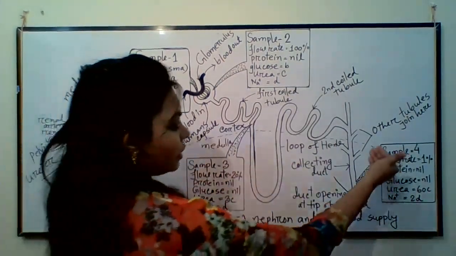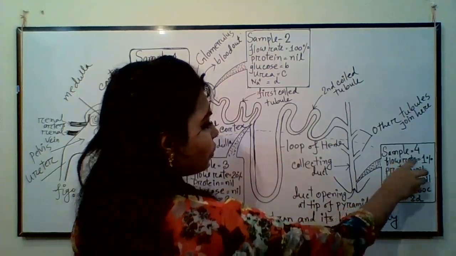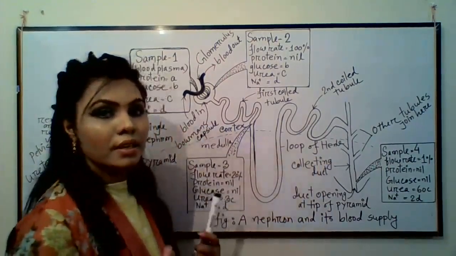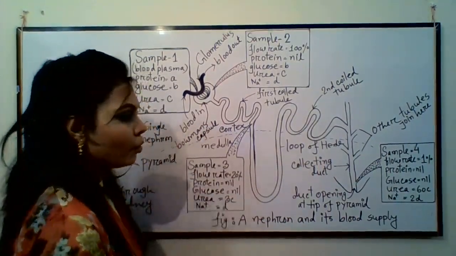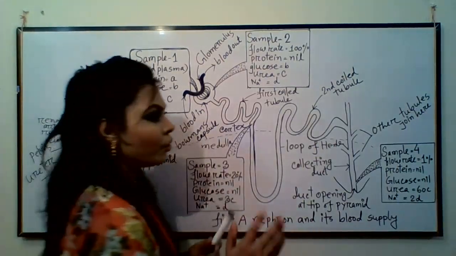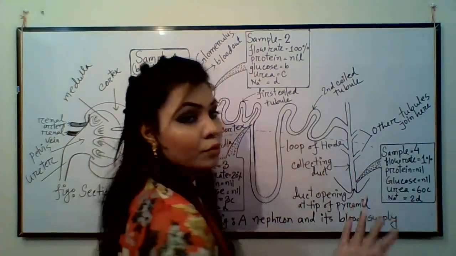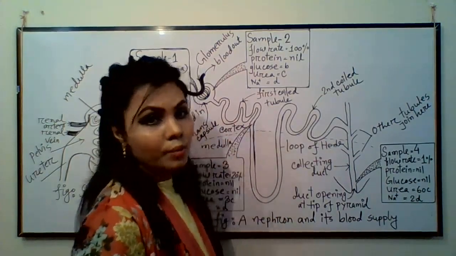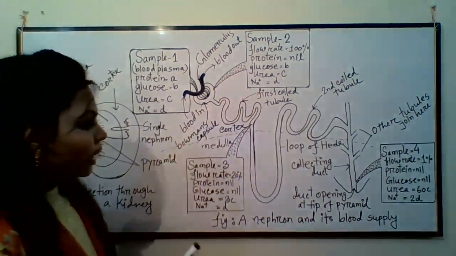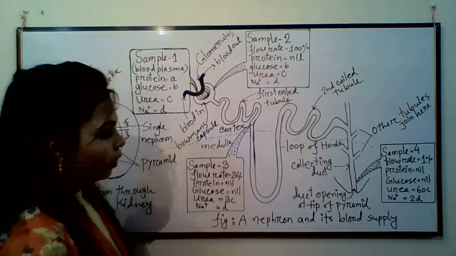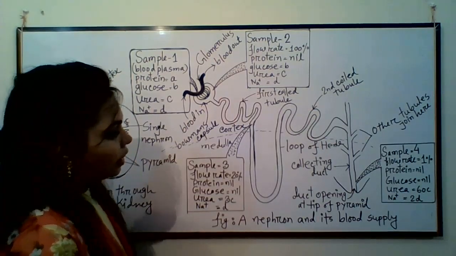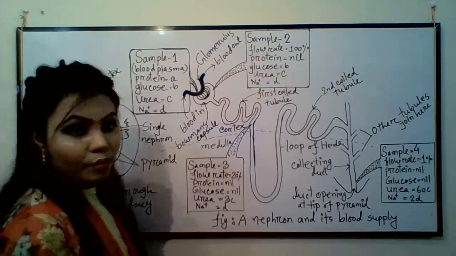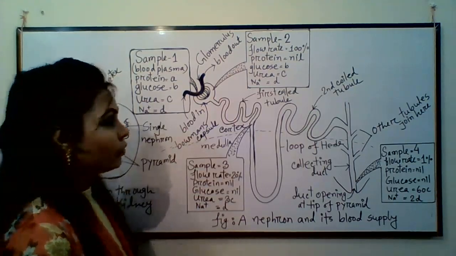And finally, sample 4, the flow rate is only 1%, that means 99% of water is reabsorbed, and protein and glucose are also 0, nil, and urea is 60 times more concentrated, and sodium ion is double here, 2 times concentrated. So this is about a single nephron.